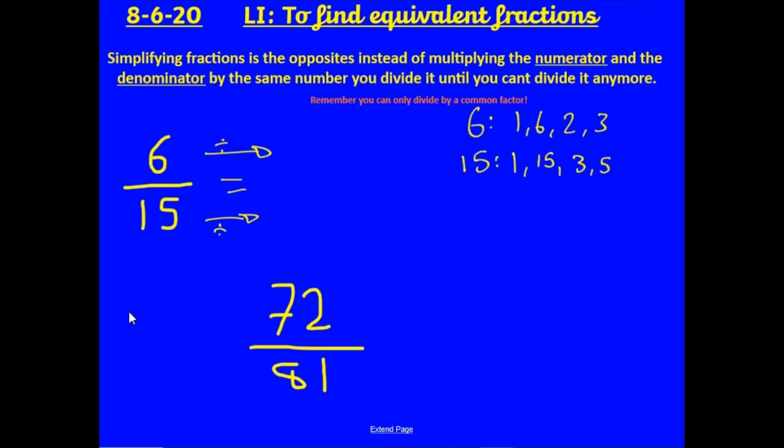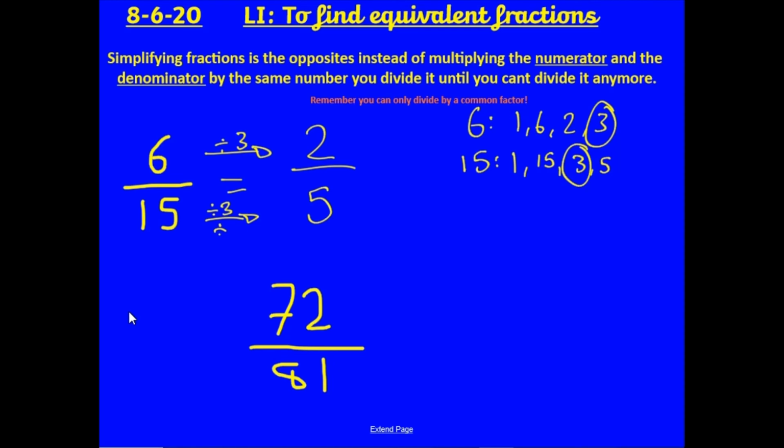So the common factors of 6 and 15 are what? Of course, 3. Both 3s are there. So I can divide both of these by 3. So 6 divided by 3 is 2, and 15 divided by 3 is 5. So 6/15 simplified is 2/5.